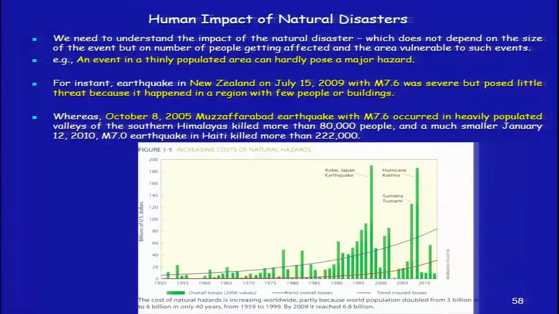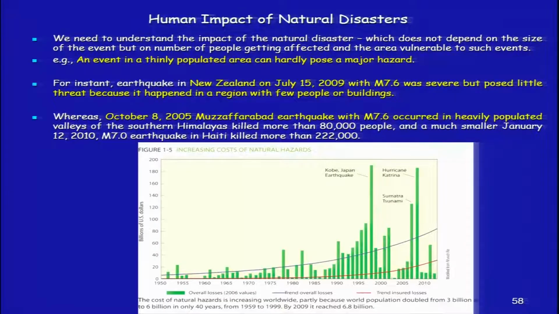What could be the reason for this? The reason was, one, the thickly populated area. Another reason was the preparedness. Haiti was not at all prepared for even a 7 magnitude earthquake, which resulted in severe life loss.